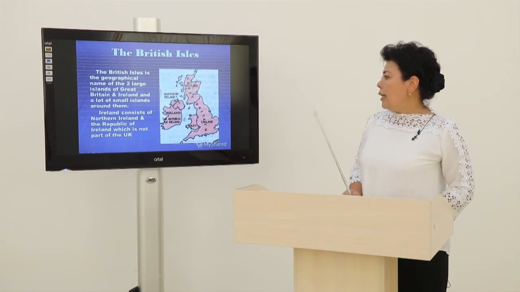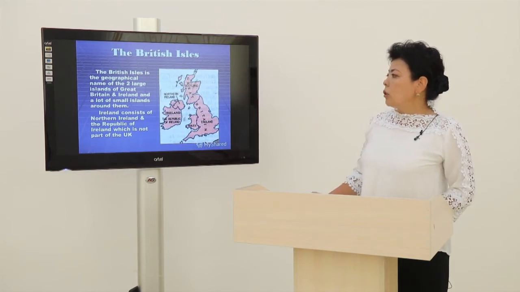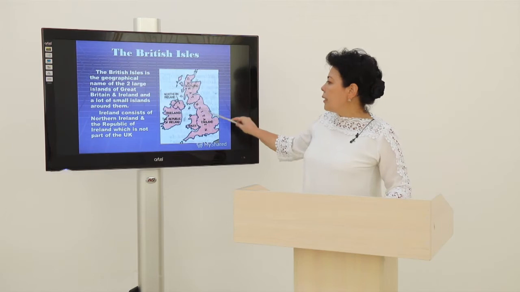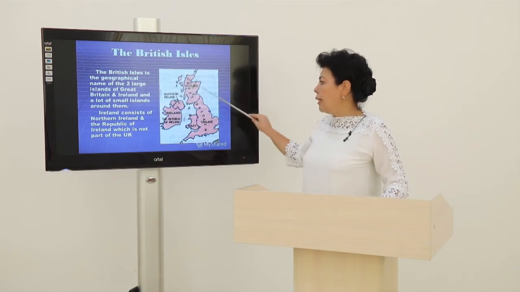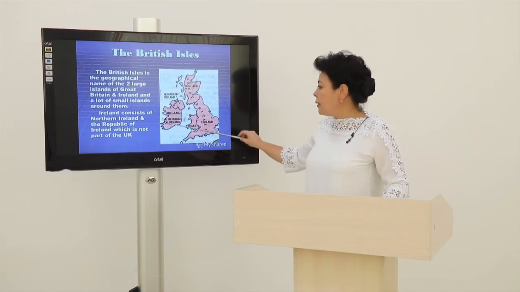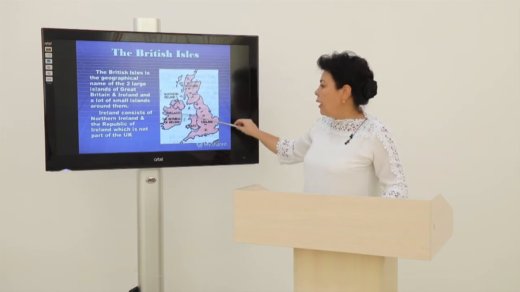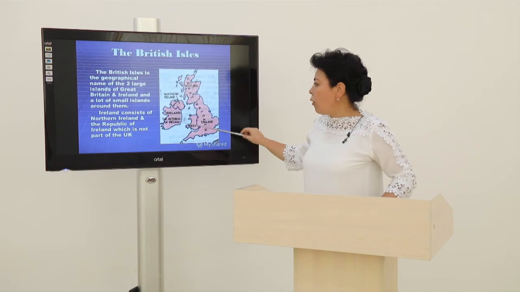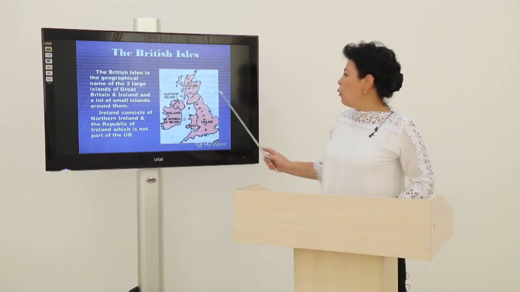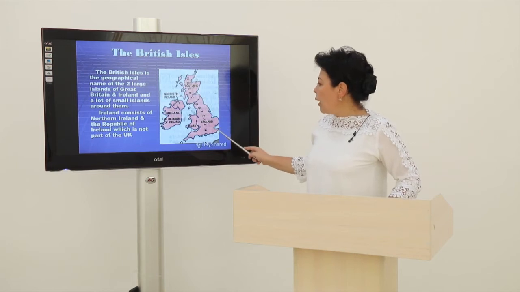The British Isles is the geographical name of two large islands, Great Britain and Ireland. This is Great Britain, one of the large islands, and this is the other large island, which is also the Island Republic of Ireland. So it consists of two islands and a lot of small islands.